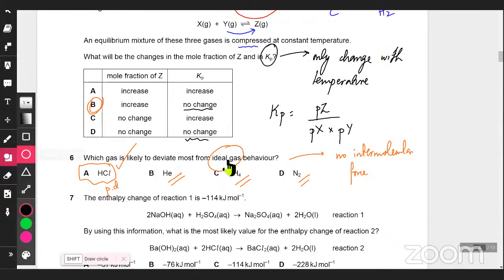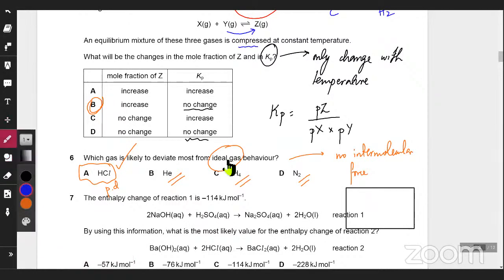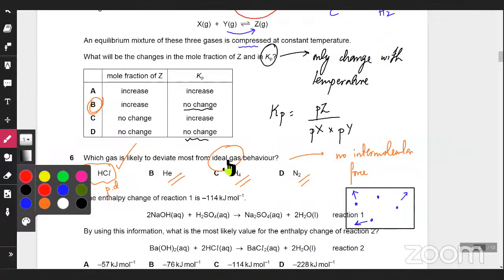The reason is that if you have a gas in a container and we're assuming that the gas particles don't attract each other, these particles are going and trying to exert a pressure by colliding with the walls of the container. So if there are no intermolecular forces, a certain amount of pressure would be exerted by these gas particles.